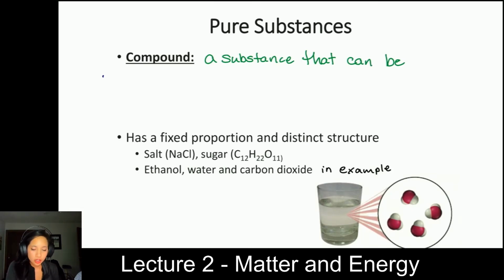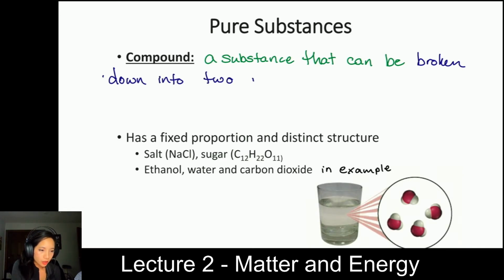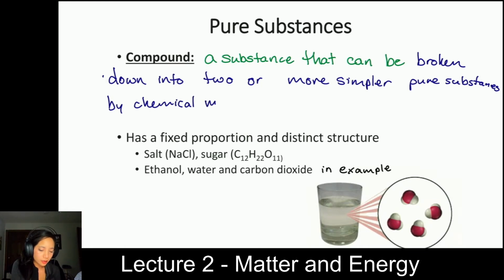The definition that we have there is a substance that can be broken down into two or more simpler pure substances by chemical means.